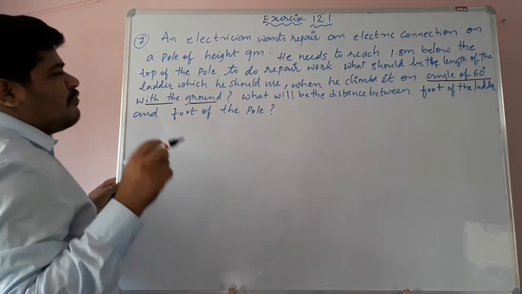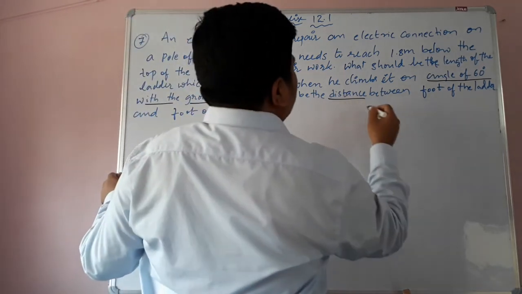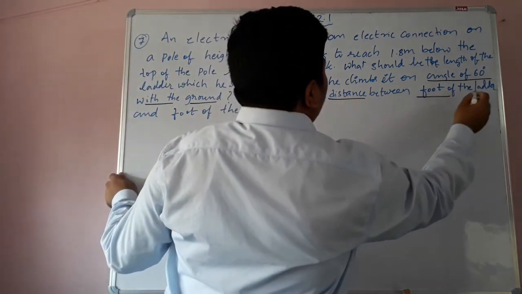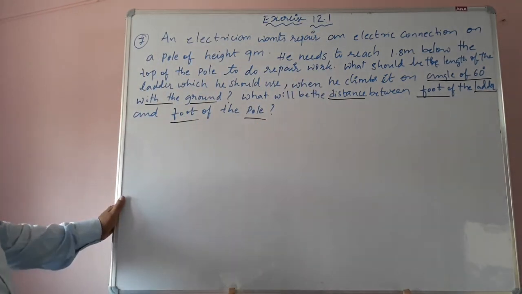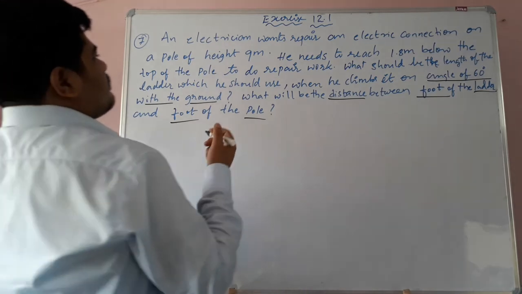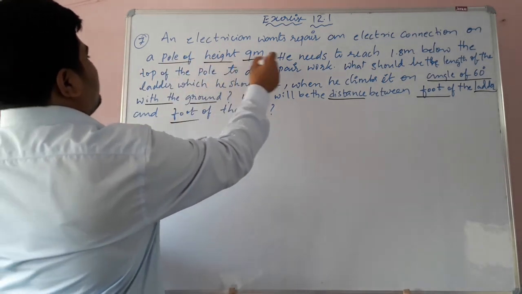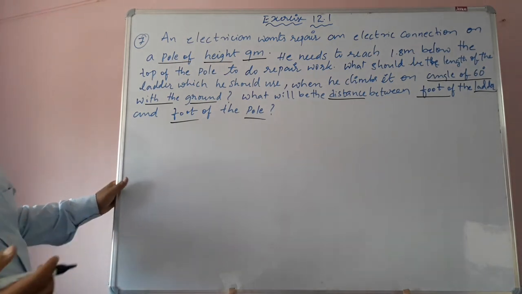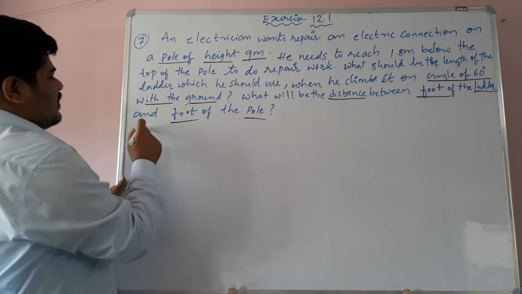And what will be the distance between the foot of the ladder and the foot of the pole? And they gave the height of the pole as 9 meters. So students, understand the problem. Okay, so accordingly you need to draw the diagram.